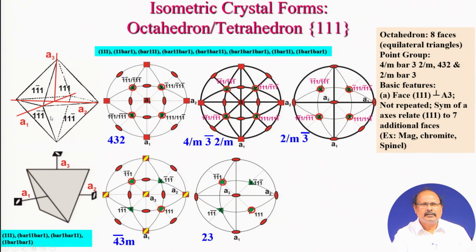This face here intersects the positive direction of A1, positive direction of A2 and the negative direction of A3. So, it will have a symbol of 1 1 bar 1, whereas this triangle is the one which intersects the negative direction of A3, the positive direction of A1 and the negative direction of A2, and will be given a symbol of 1 bar 1 bar 1.